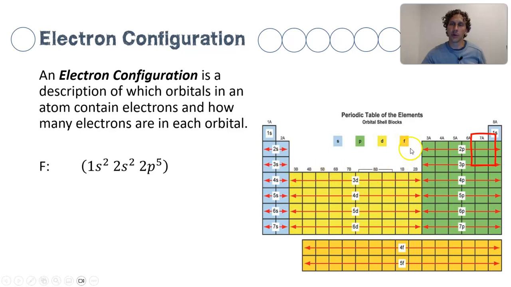Okay. Remember there are 3 p orbitals. 1, 2, 3. And each can fit 2 electrons, which means we have 6 possible electrons here. Okay? And if we include the 2s electrons, that means there are 8 in that second row.